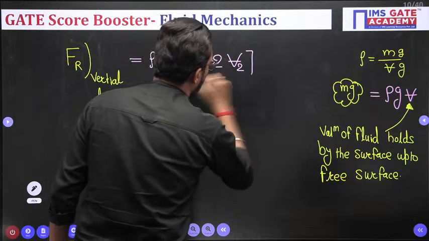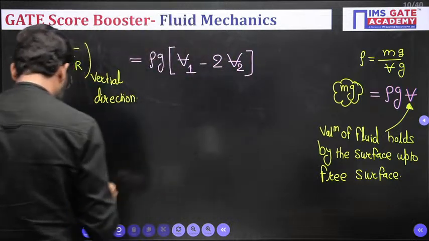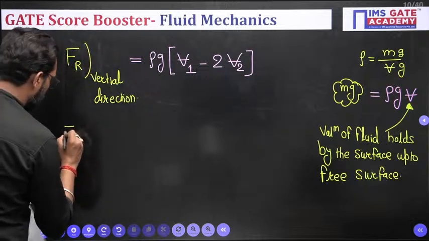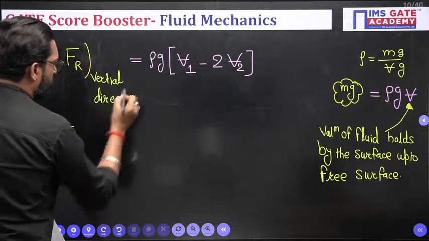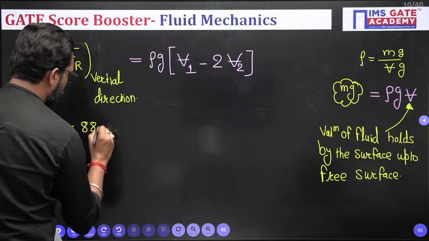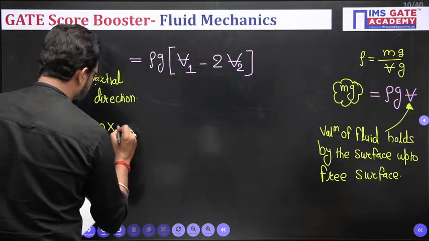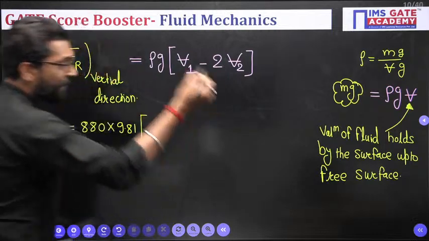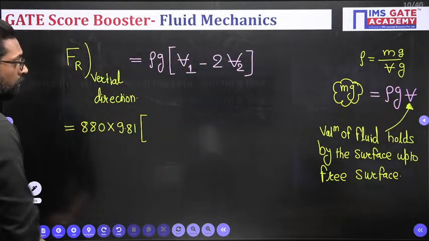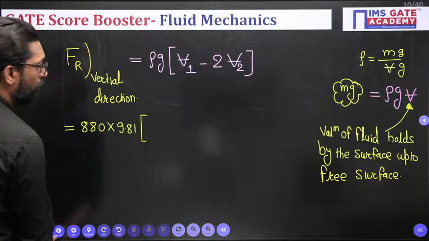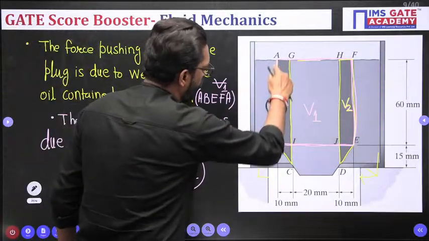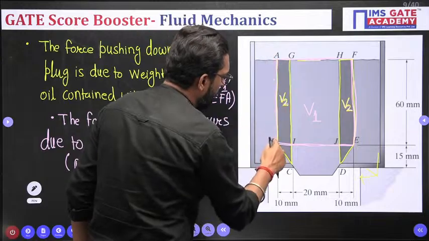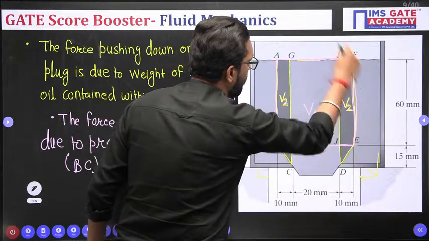Okay, no problem at all. So what is rho? 880 it is given. g is 9.81, it is given. What is the volume of that whole portion, A, B, E, F, A?